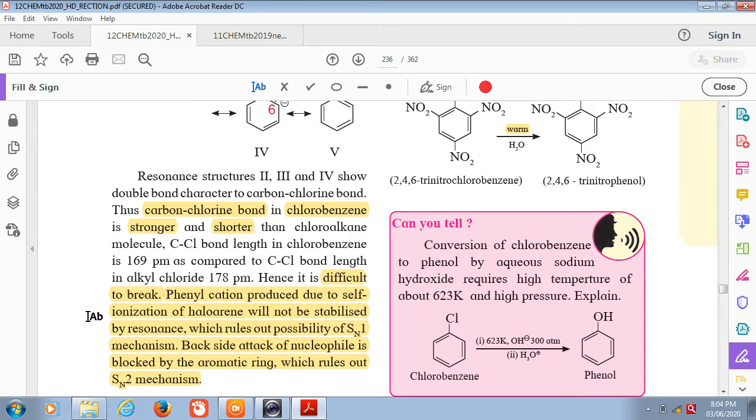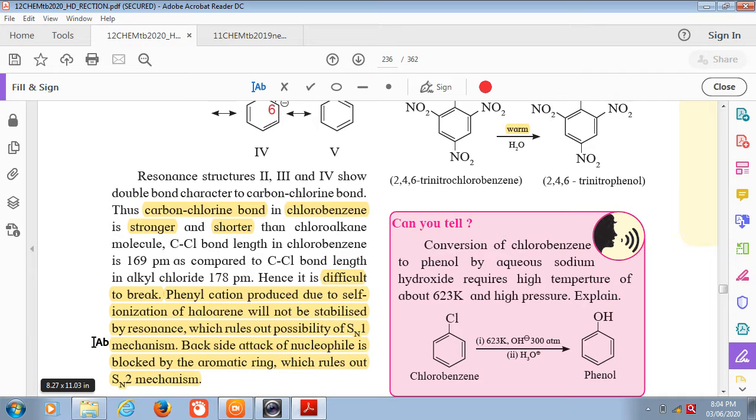This is the main condition of the SN1 reaction, so we can't write the SN1 mechanism for this. Then the nucleophile cannot attack from the backside because of this bulky aromatic ring, as it is exactly opposite to the leaving group.